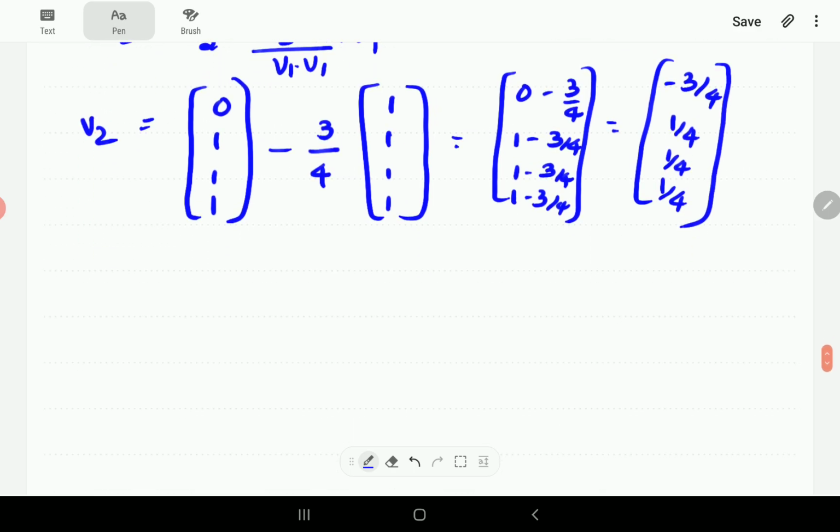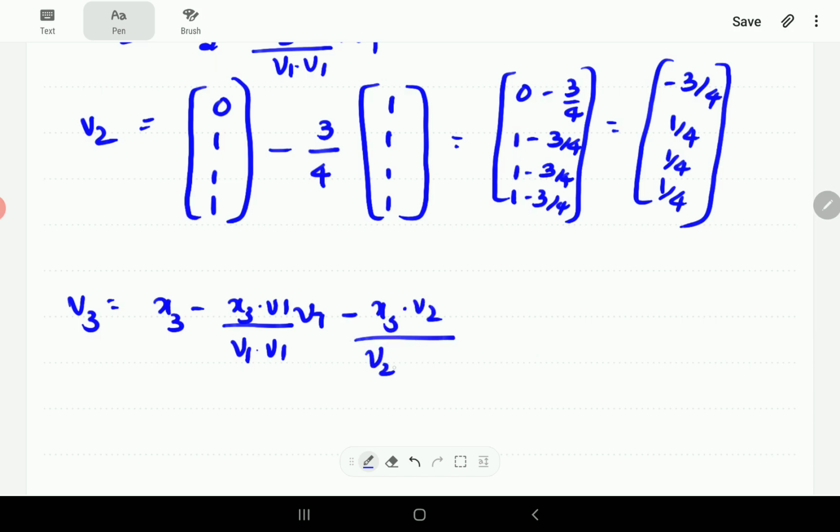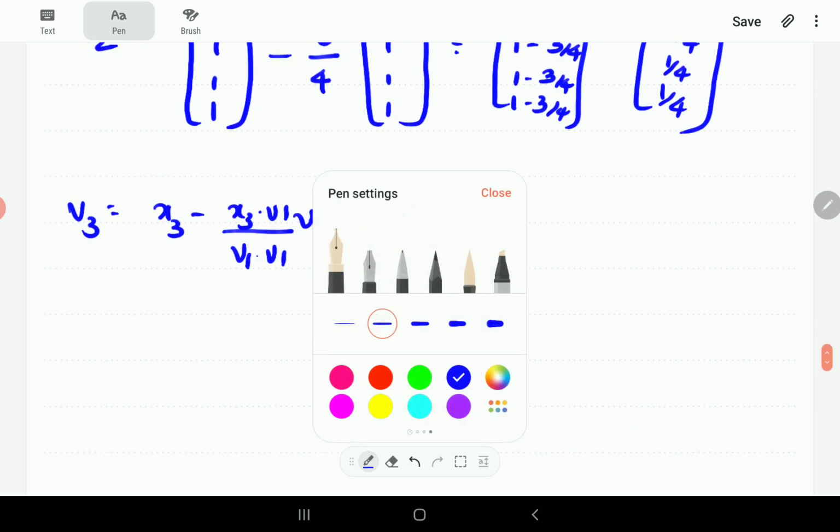Now let us find v3, because we have got 3 vectors. So this is x3 minus (x3 dot v1 upon v1 dot v1) into v1 minus (x3 dot v2 upon v2 dot v2) into v2. Let us find our required values.